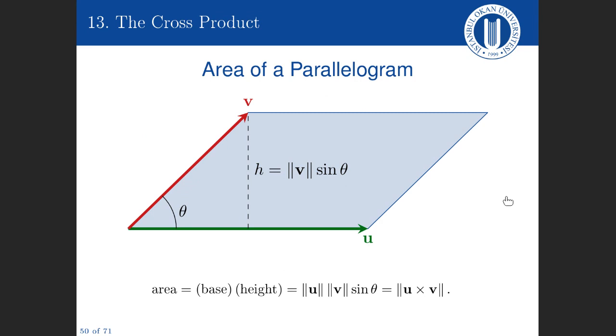Using the cross product, we can calculate the area of a parallelogram. The area of a parallelogram is the length of the base multiplied by the height. The length of the base is easy. Here's the base.